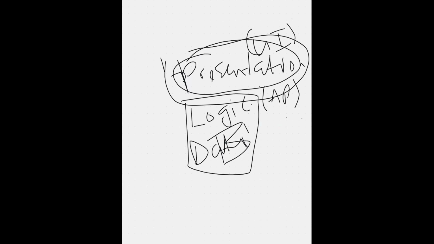Now, when you speak with the presentation layer, I'll just call it P, mostly at the level of a dynamic website. So what we are going to do is more of a dynamic website, not a static website.